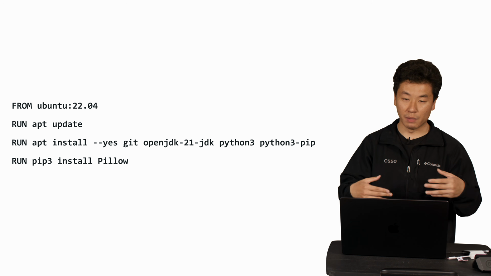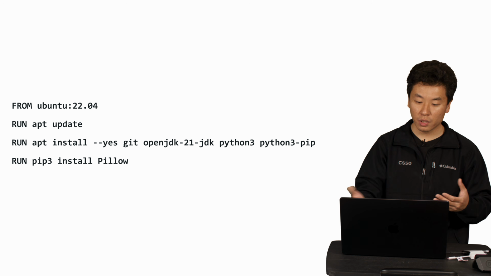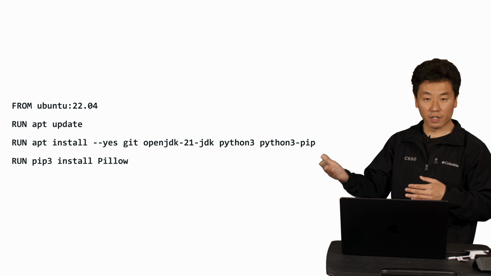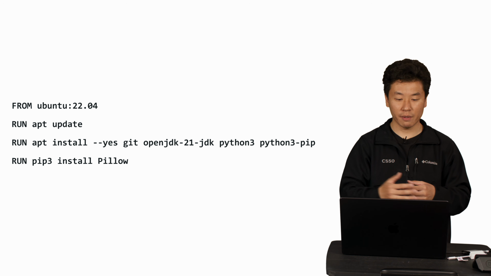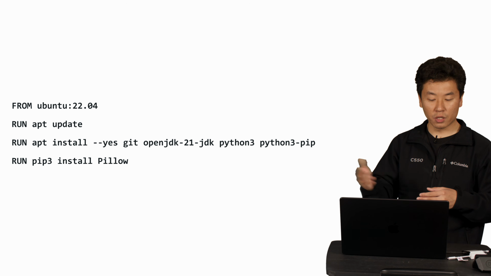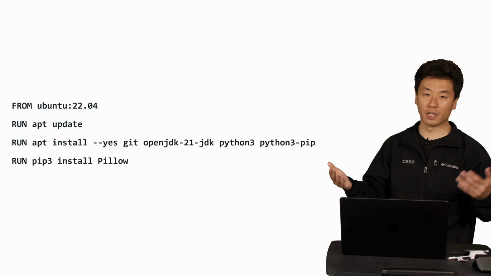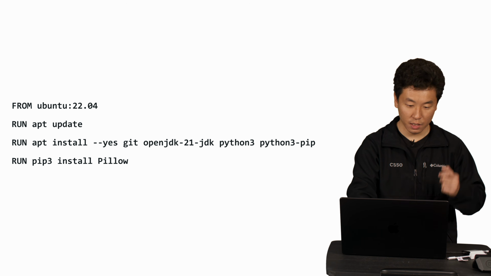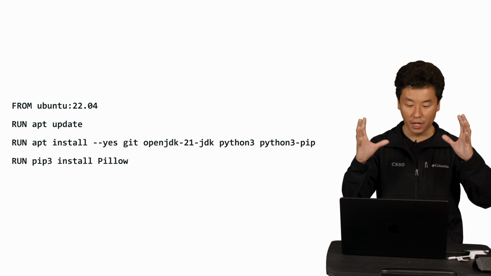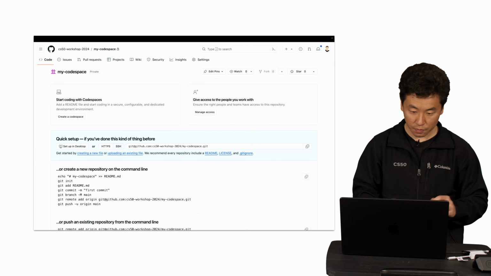We want to perform some updates. We want to install Git and the Java runtime. We want to install the Python runtime as well. And in addition, we also want to pre-install a Python library called Pillow, which is an image processing library. That's what we are creating, the underlying operating system image.